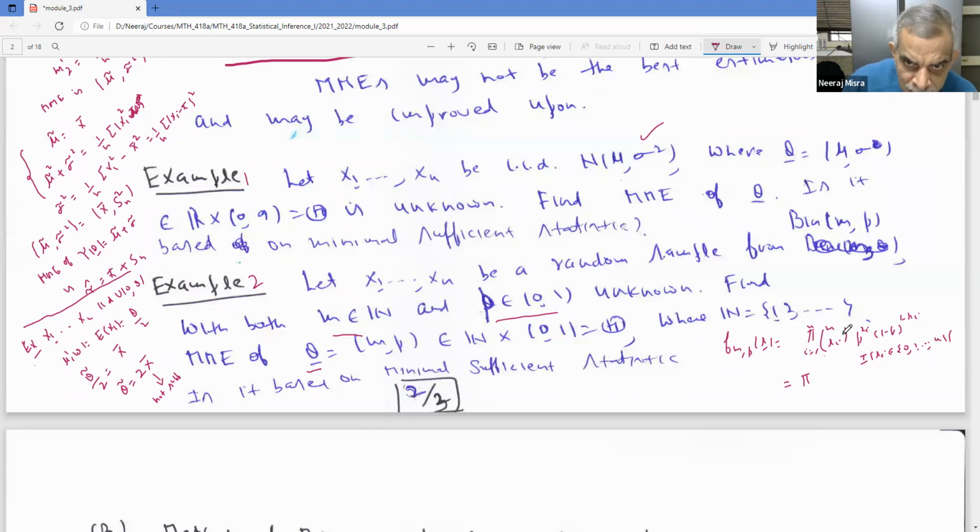Each of them is factorial m, so that becomes factorial m to power n, over product of factorial xi's and product i equals 1 to n of factorial m minus xi, times p to power summation xi, 1 minus p to power mn minus summation xi, and then the product of this indicator.